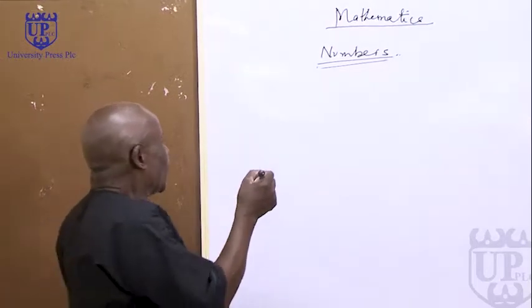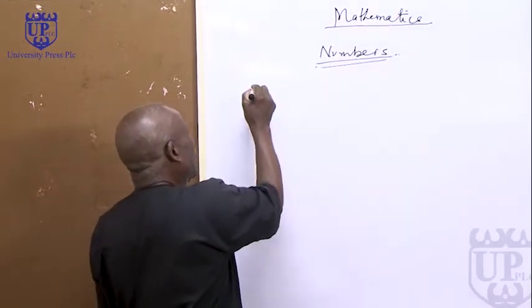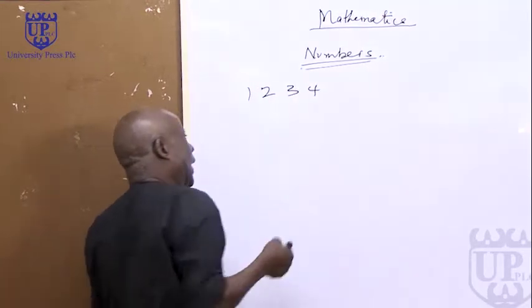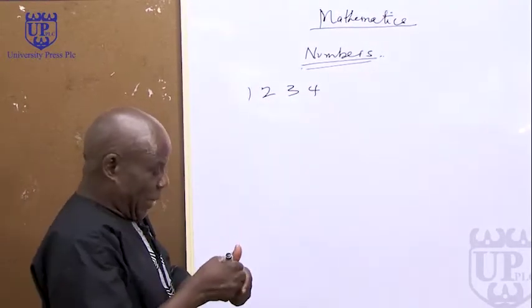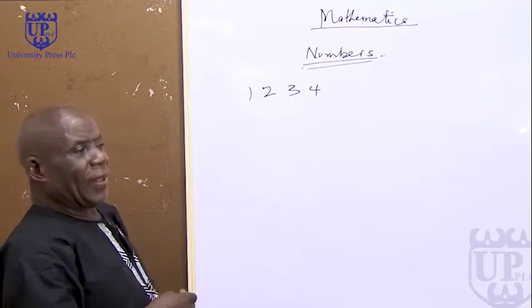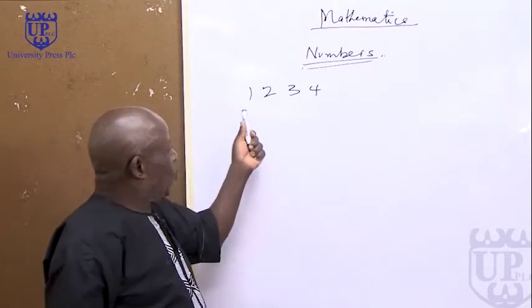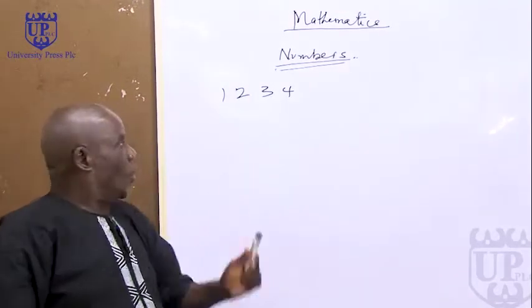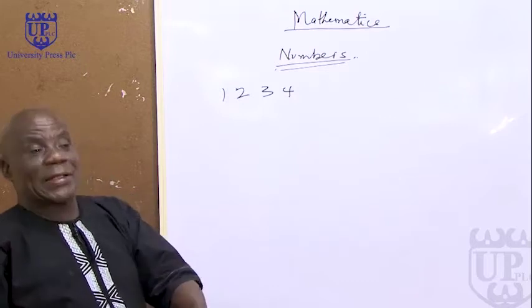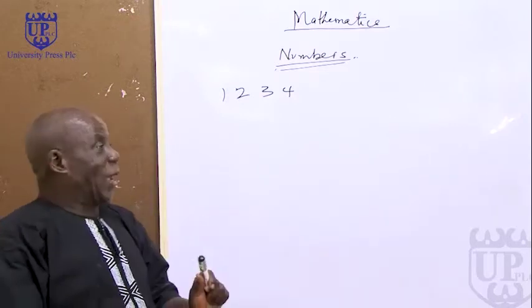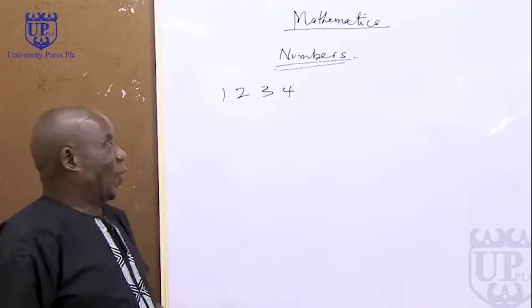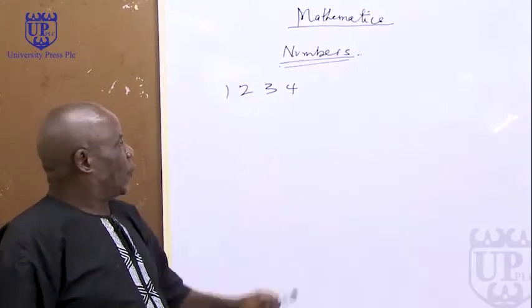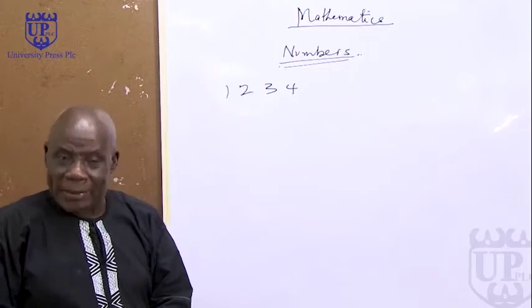Now, we are used to 1, 2, 3, 4. When it is written like this, 1234, boys and girls, it is 1234 if the base is not specified. But because we are operating in base 10, that is why we are allowed to say 1234. What is the meaning of 1234?